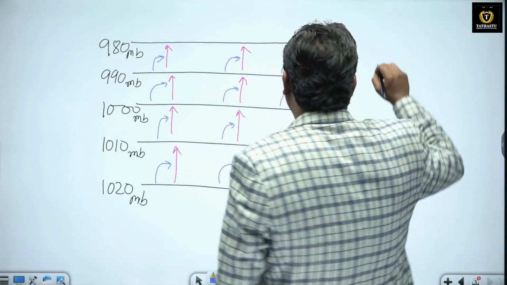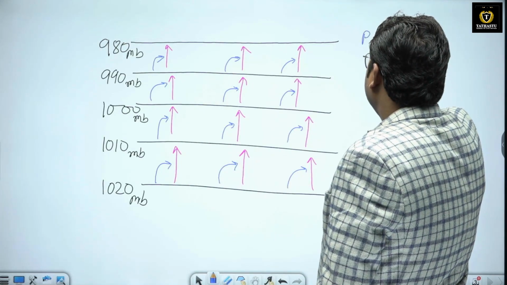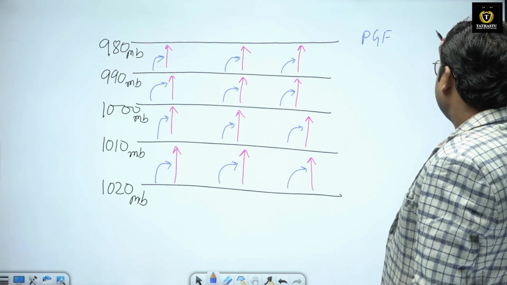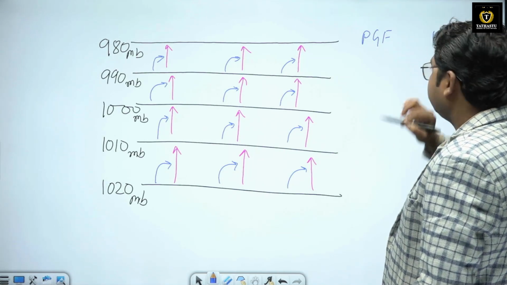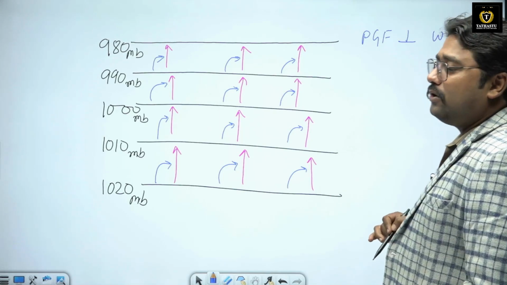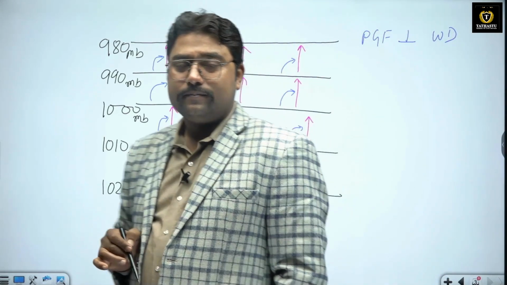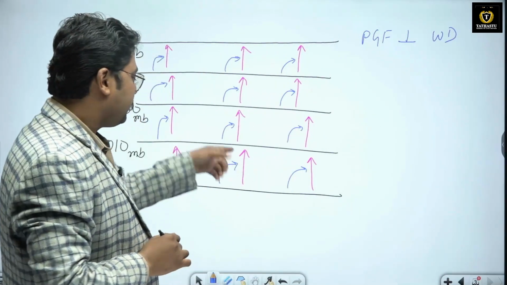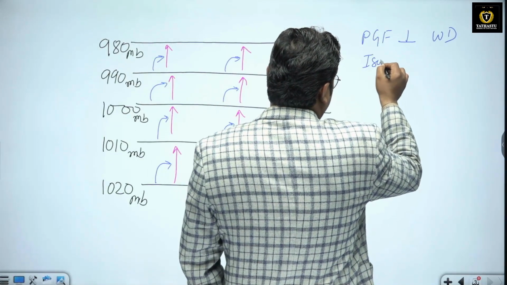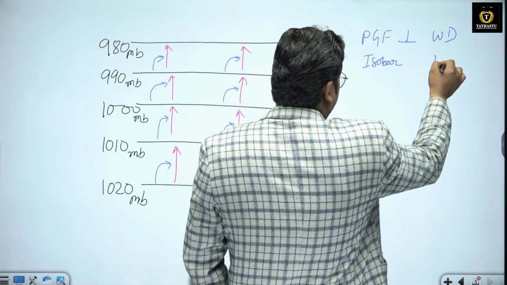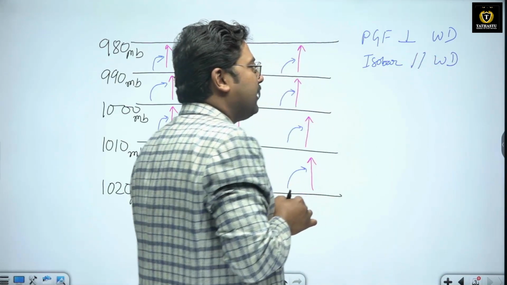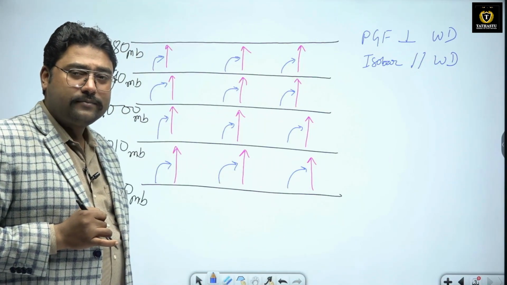So if we talk about the pressure gradient force and wind direction, both are perpendicular to each other. Okay, as you can see, isobar and wind direction, they are parallel to each other.